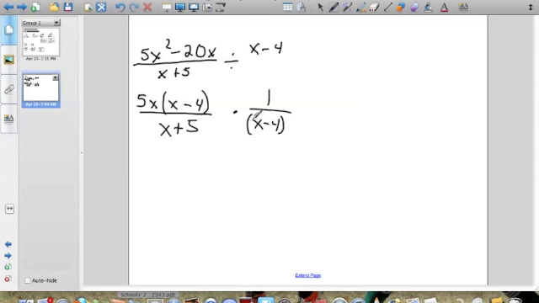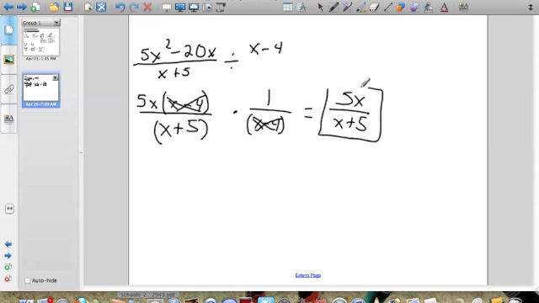Now, right here, that can simplify, and we end up with 5x over x plus 5. Again, if it helps you, keep those parentheses around there. This is in simplest form, just like that.